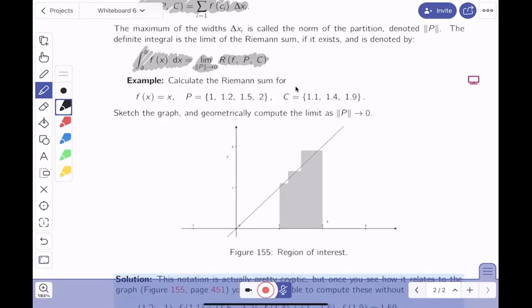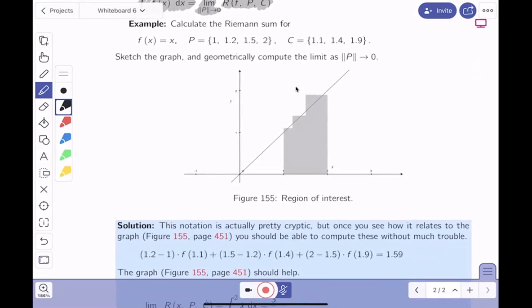Let's take a concrete example of a problem. Calculate the Riemann sum for this. Now, by the way, they are telling you what Riemann sum they want. They're not saying R6, L6, M6. They're not saying as n goes to infinity. They're telling you this. f of x is equal to x. I'm going to draw a picture of that right here.